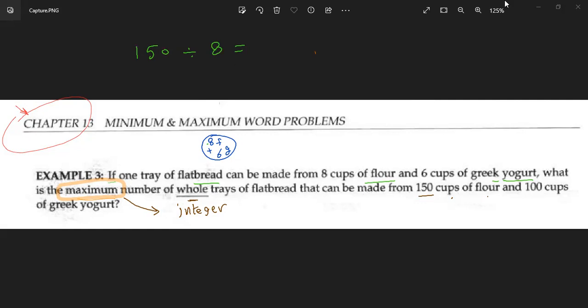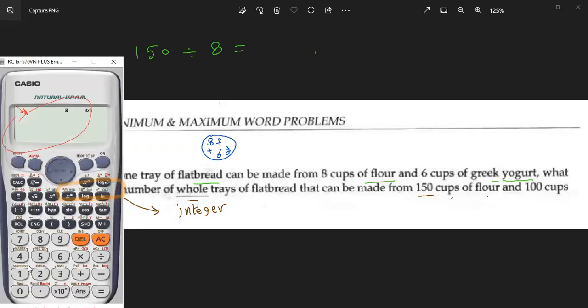Just calculate the problem here. 150 divided by 8. The answer is 18 as an integer, so the exact answer is 18.75 bread.